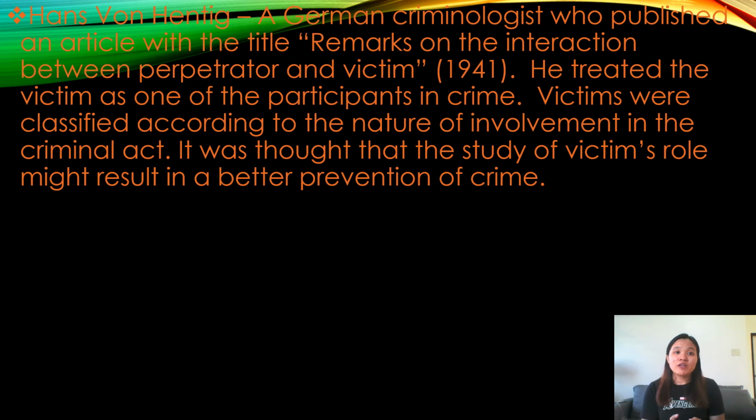Nag-publish siya ng article titled Remarks on the Interaction between the perpetrator, kung sino yung gumawa ng krimen, and the victim itself. Okay? And ang sinasabi din niya, victims' roles might result in a better prevention of crime. Okay? Baka pag nalaman natin yung role ng victim, mas magiging maganda yung resulta ng prevention ng crime.